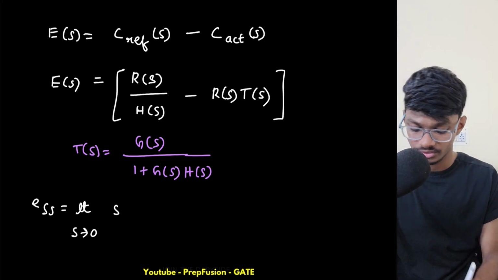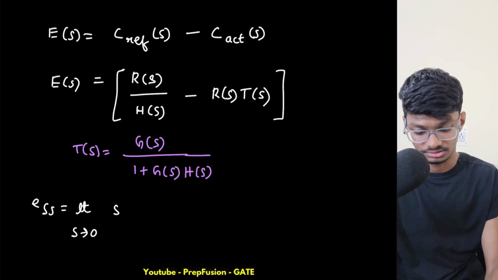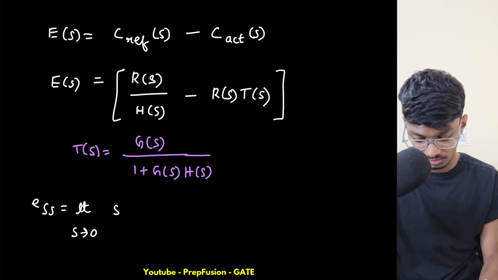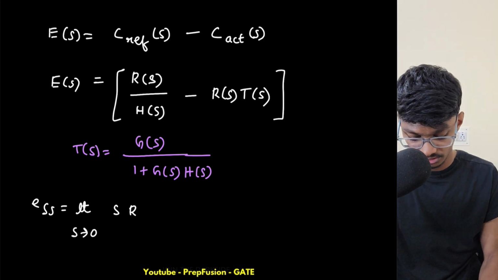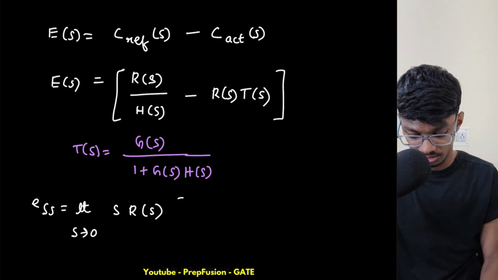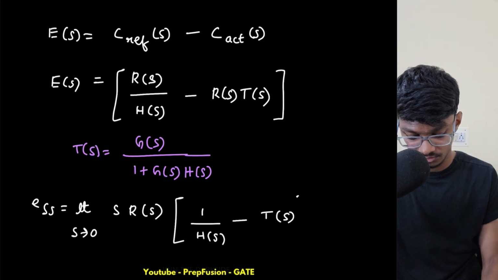This is T of S. You can expand this or keep it as it is, doesn't matter. Now this is limit s tends to 0 of s R of S into 1 by H of S minus T of S.